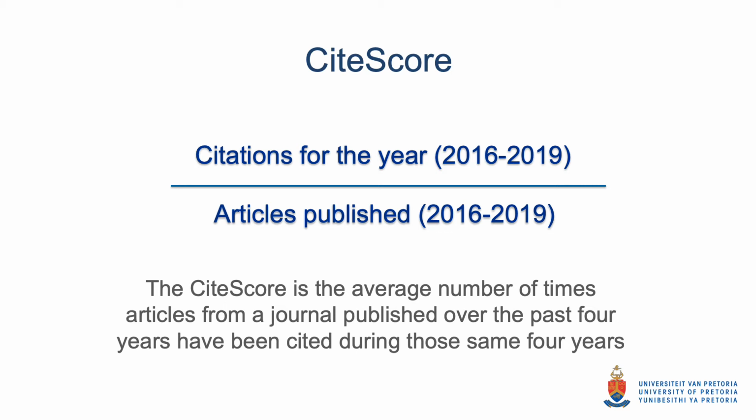CiteScore 2019 now counts the citations to articles, reviews, conference papers, book chapters, and data papers published in 2016 to 2019 and divides this number by the number of publications published in 2016 to 2019.